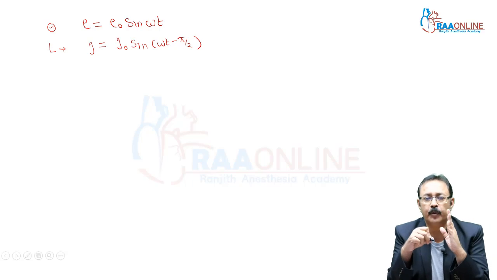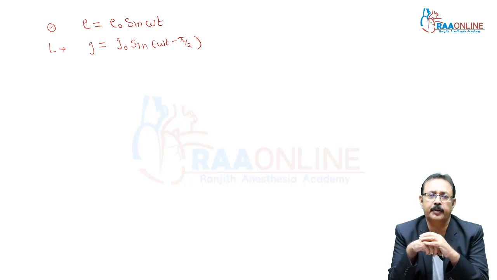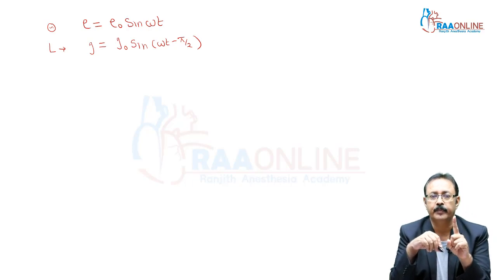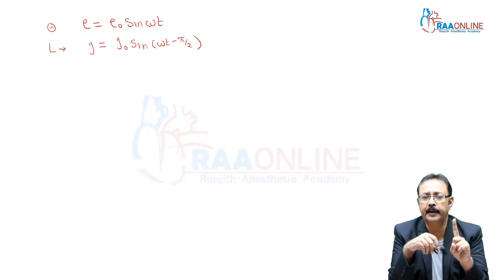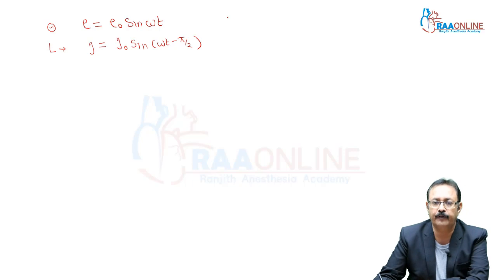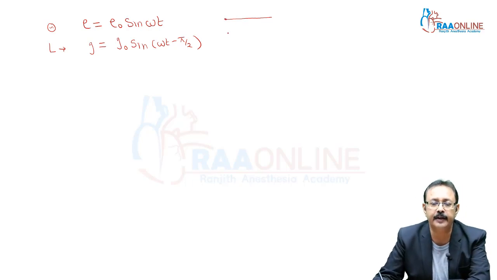It means in a pure inductive circuit, current always lags behind by pi by 2. When EMF is maximum, current is minimum, and when current is minimum, EMF is maximum. Current lags by 90 degree. It means if you want to plot the graph, when EMF is 0, the current will be 90 degree behind, maximum in the opposite direction.